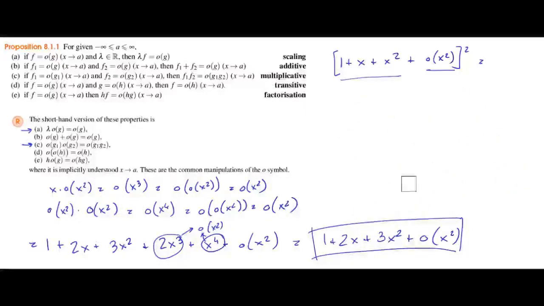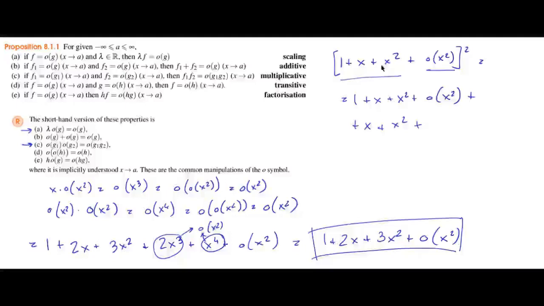Because once you write one time small o of x squared, you don't need to write it again, right? So this is 1 plus x squared plus small o of x squared. And then we have x that multiplies x squared, and x that multiplies x squared is x cubed, that's a small o of x squared, we don't really need to care about that.